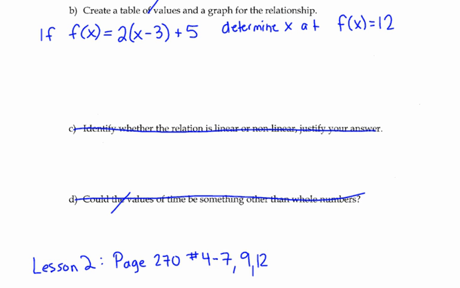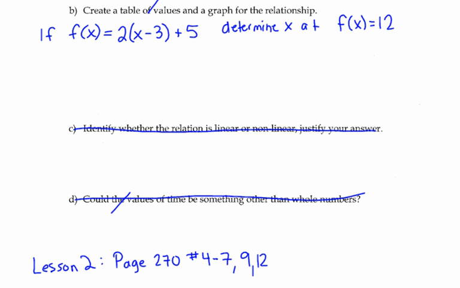Yeah, so, if f of x equals 2 times x minus, let's make this interesting. No, let's leave it. Okay, so write that down, please. And then I'd like you to try it. You need to be writing this down.